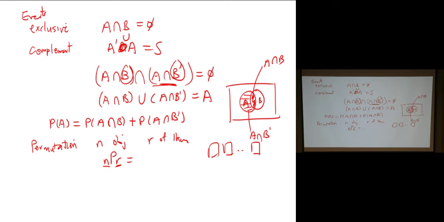Oh, I forgot to mention this: the multiplication rule and addition rule. Anyway, the number of ways to do it is n times n minus 1 times n minus 2 and so on. So the formula is n factorial over n minus R factorial.